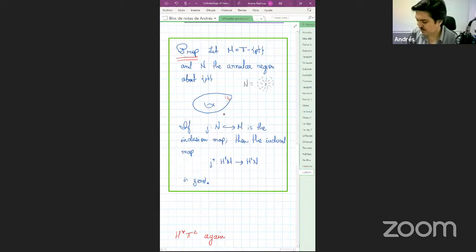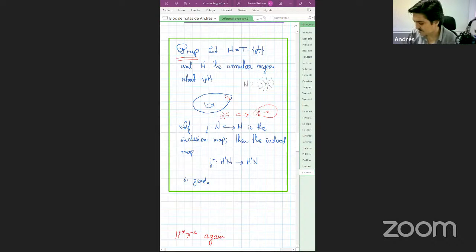This proposition goes from this cylinder inside the punctured torus here.